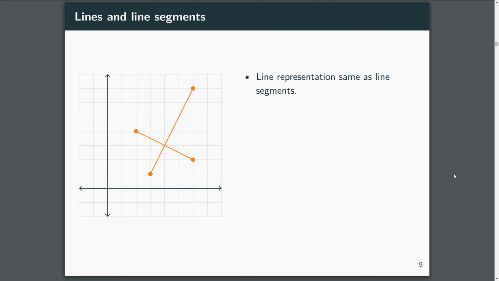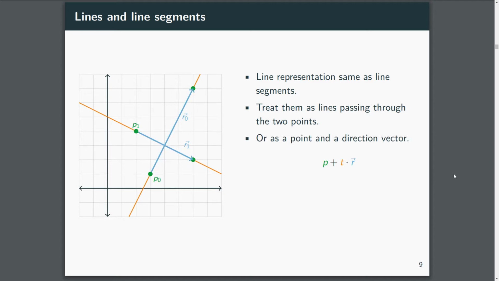Now if you want lines, we represent them the same way as line segments. We just have to know that they are infinite and not bounded by the points. So we just treat them here as lines that pass through the points. You can also store them as a starting point and a direction vector with some length.